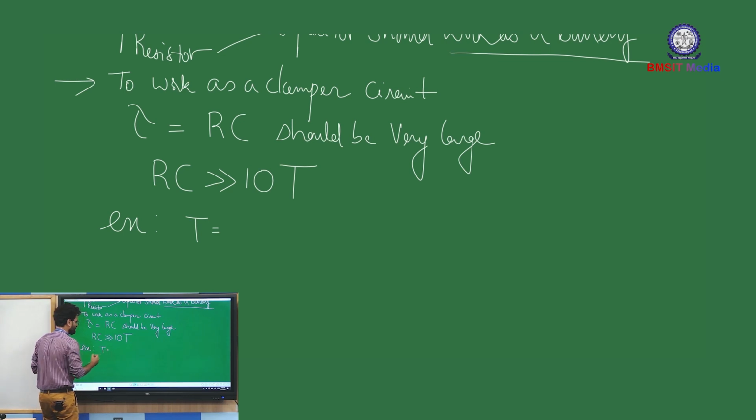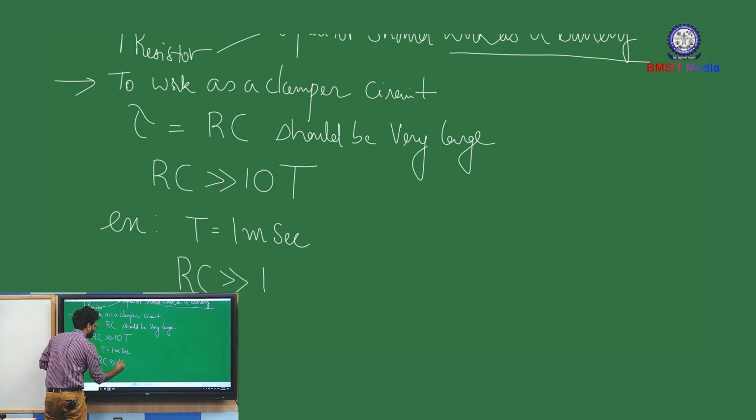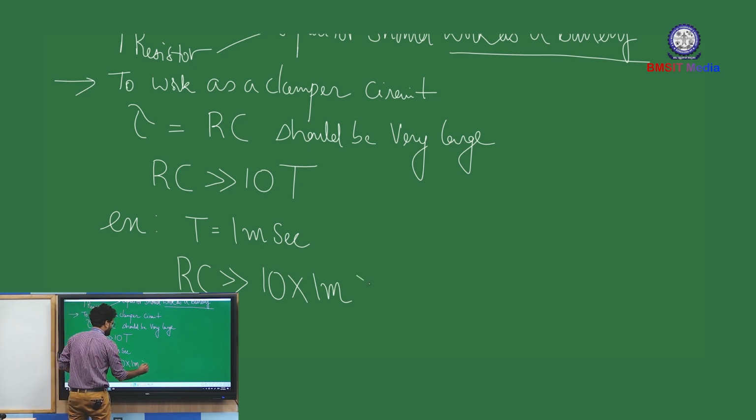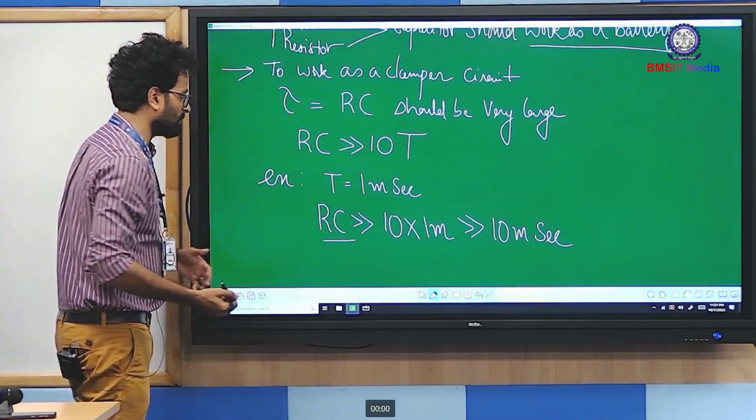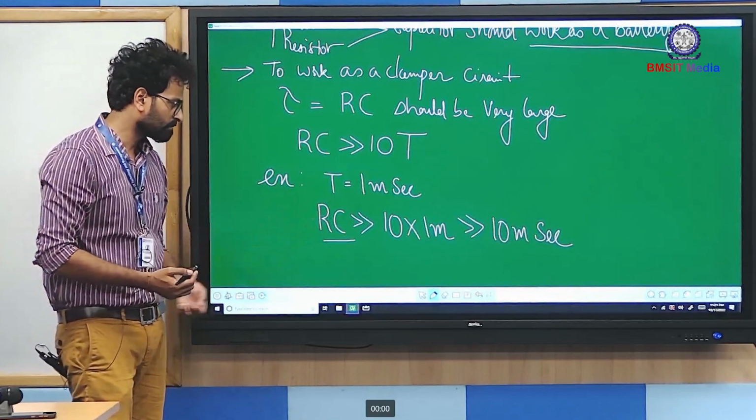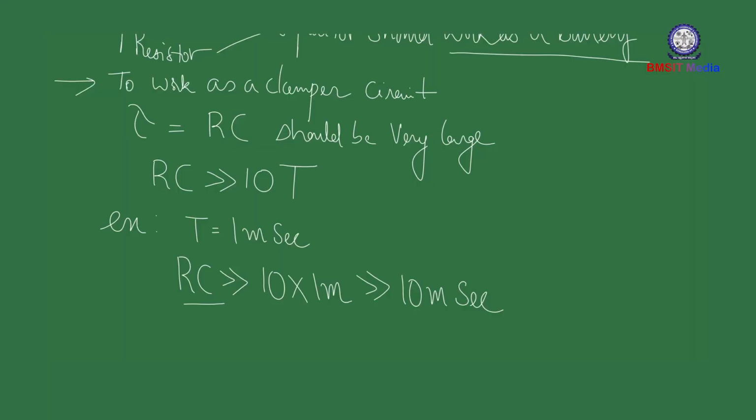Example: the time period of the input waveform is 1 millisecond. Then the product RC should be very much greater than 10 times the time period. We have assumed the time period as 1 millisecond, so the RC product should be much greater than 10 milliseconds. R and C are unknown, so you can assume either the R value or the capacitor value.